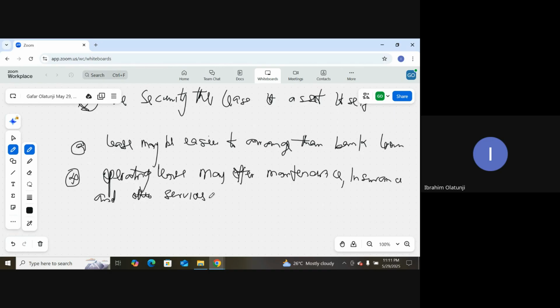Okay. So it means that operating lease may offer, based on our previous explanation, that in the agreement it needs to be stated that maintenance and other service charges will be catered for by the lessor. Right? Okay.